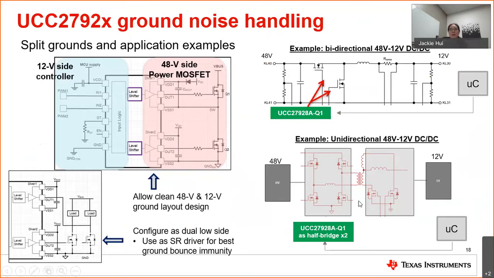If your system is suffering severe ground noise on the SR circuit or the SR driver here, you can consider using this driver as a dual low side, because both channels have a level shifter. It lets you combat the ground noise and have the best ground noise immunity for your design.